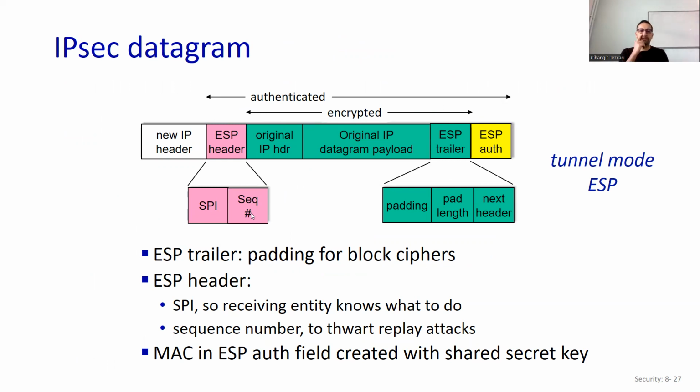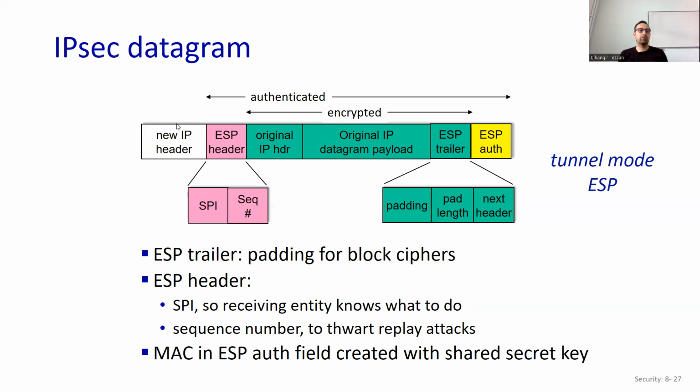Recall that we put sequence numbers here. This is the same as we did in TLS to prevent packet ordering attacks. Now, since all this part looks like a new datagram, you have to put a new IP header because now the length is increased and so on and so forth.